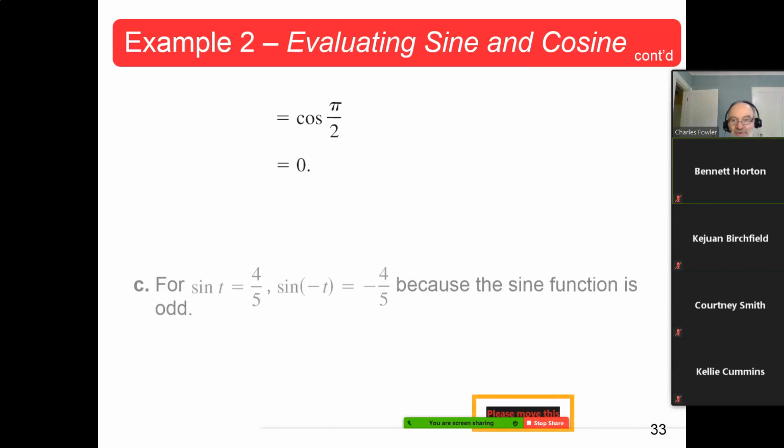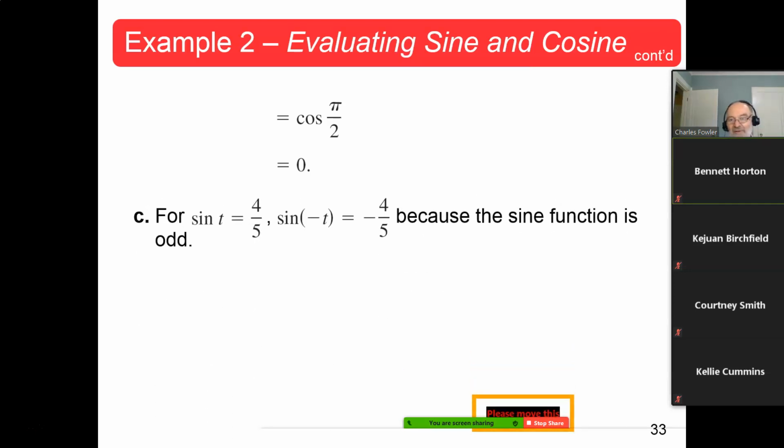Okay, is there a C part? There is. This time, sine of t is 4/5. Now, time out a moment here. Whenever they say something like this, I say, wait a minute, does that make sense? Well, guess what?